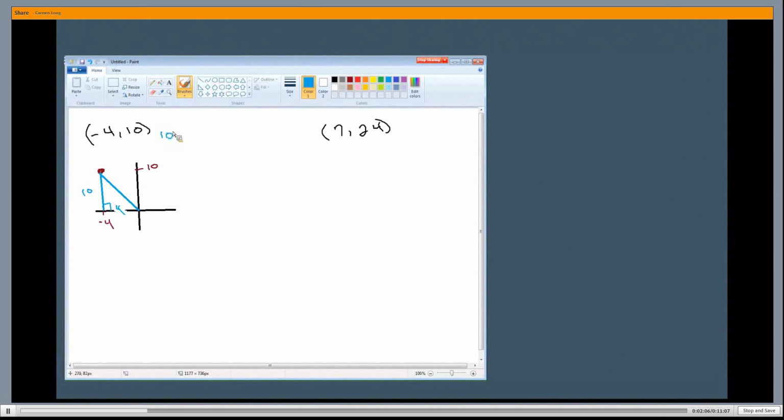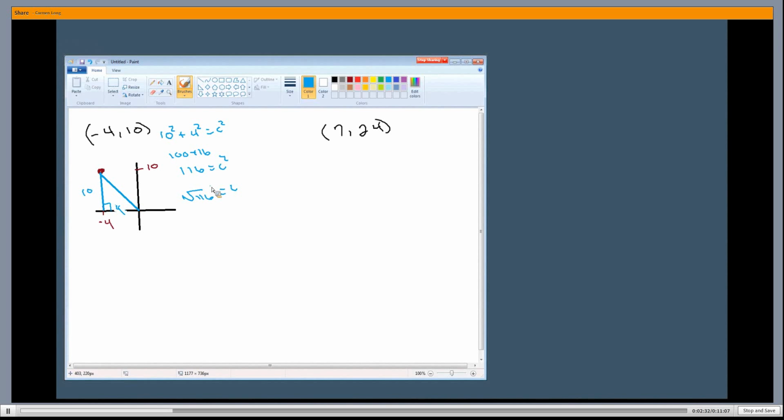So we have 10 squared plus 4 squared equals our hypotenuse squared, and that gives us 100 plus 16, or 116 equals c squared. So c is the square root of 116. Now there's probably a perfect square in there. Let me see if I can find it real quick.